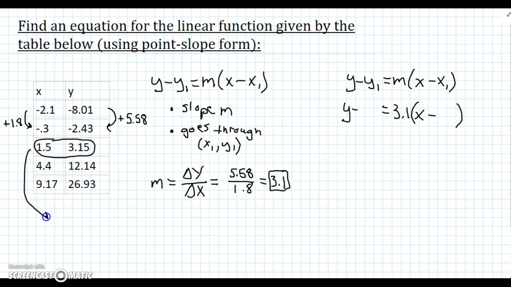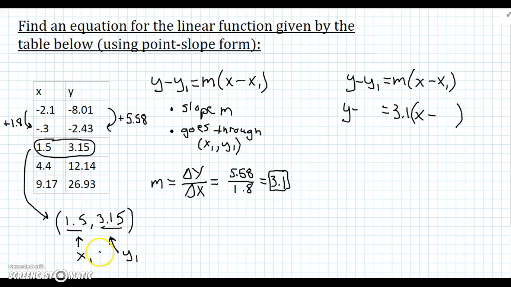So let's go down here. Now if I were to write it just as a point, it's going to be (1.5, 3.15), right? Close that parenthesis. That's the x coordinate here, right? So that one is going to be our x sub 1. This is the y coordinate, so that is going to be our y sub 1.